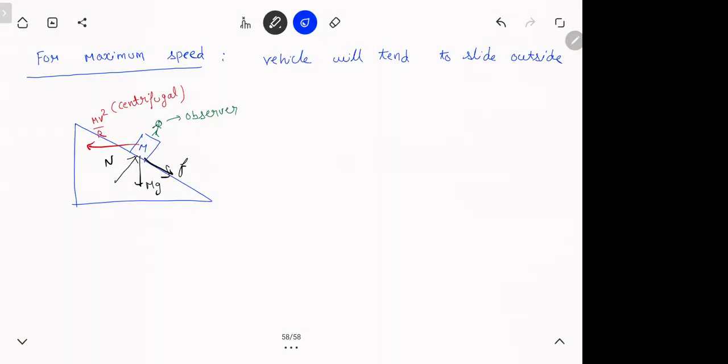So then if I try to resolve the forces, see what do I get? Normal reaction, mg cos theta, mg sin theta.